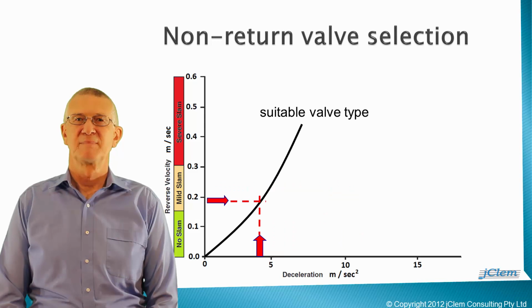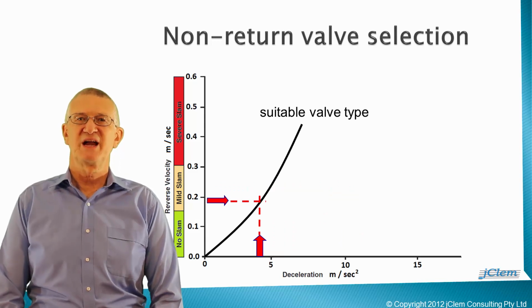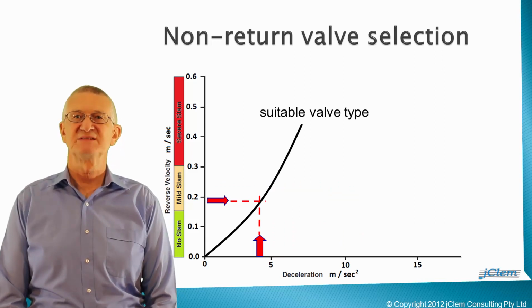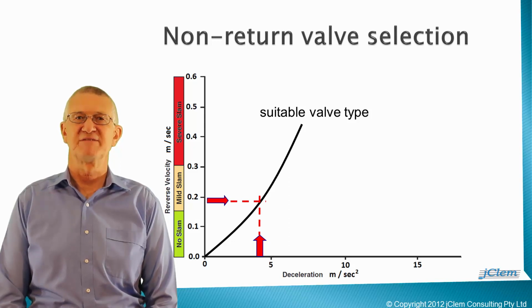We may wish that our engineering task will now be as simple as plotting the maximum reverse velocity of 0.29 meters per second and the worst deceleration of 4 meters per second squared on a graph, and the graph will point us to the appropriate non-return valve type.